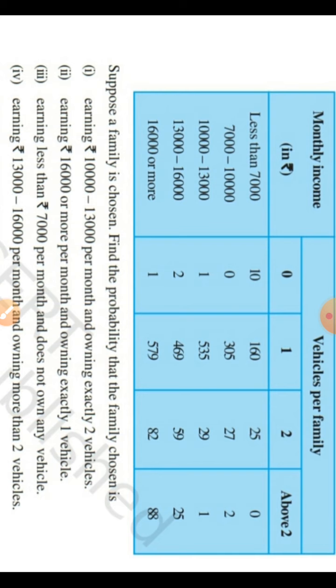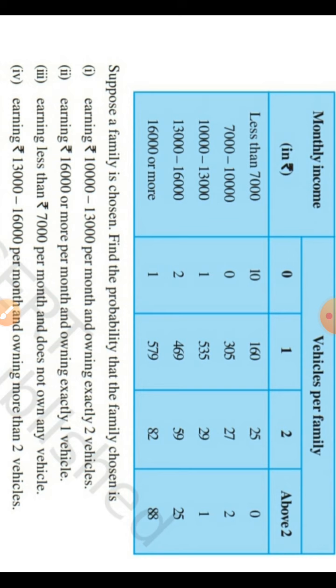So 29 families are there, having income group 10 to 13,000 and exactly two vehicles. So obviously our numerator will be 29. So the answer will be 29 upon 2400. No cancellation is possible because 29 is a prime number. So that will be the only answer.